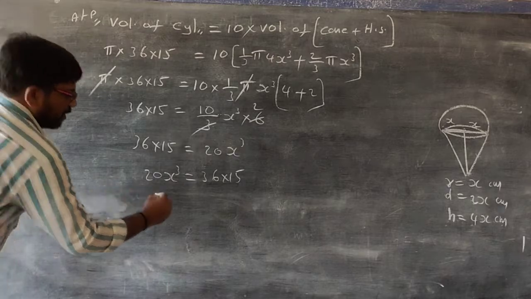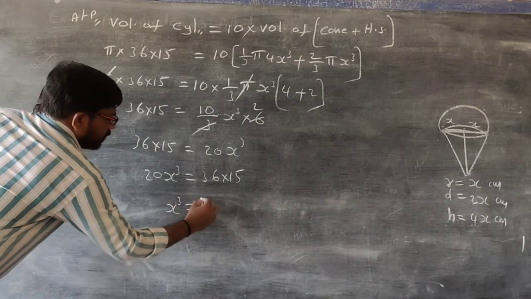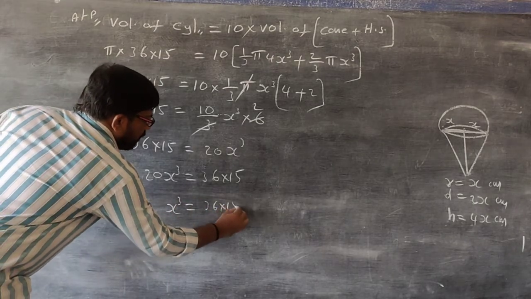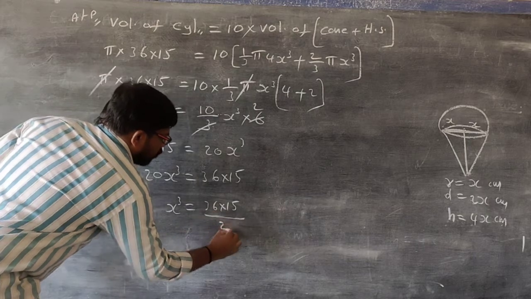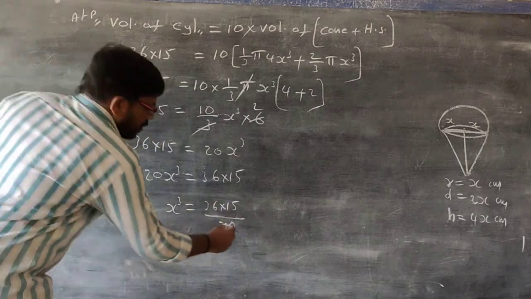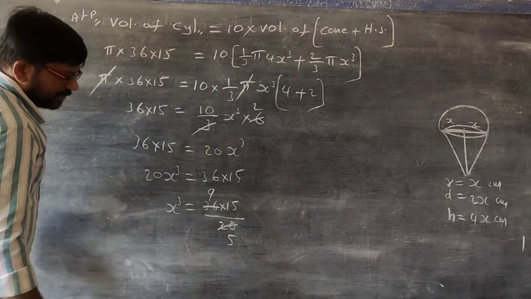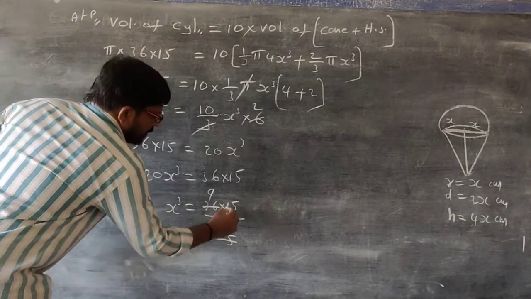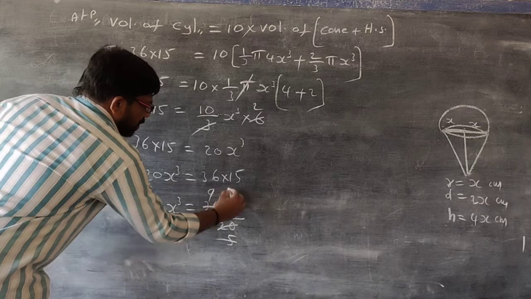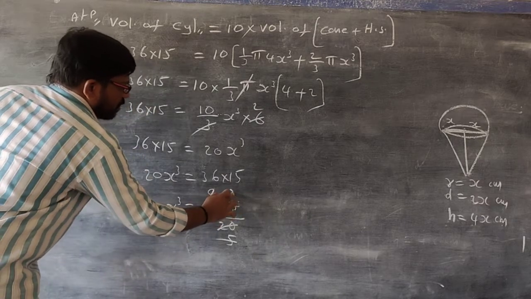Then x cube is equal to 36 into 15 by 20. Right, now cancel. 4 5s are 20, 4 9s are 36. 5 1s, 5 3s, right?